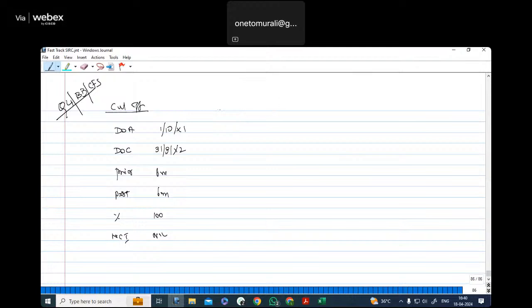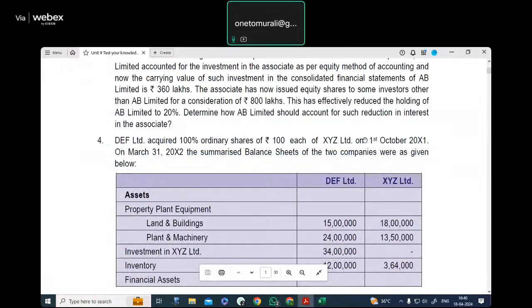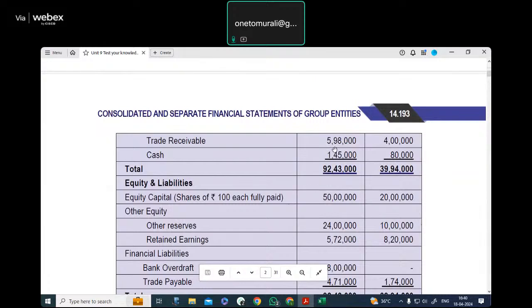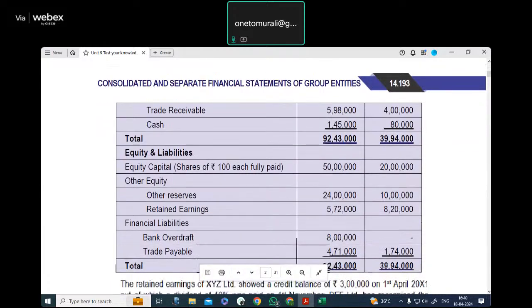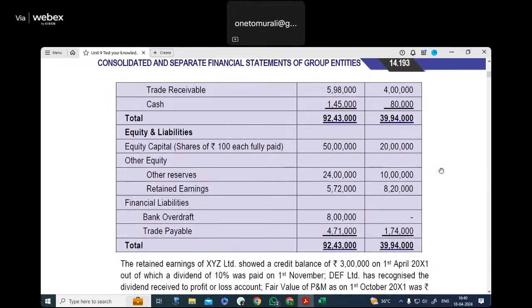Classification: so we have reserves and surplus. Reserves and surplus of the subsidiary company alone will be taken up for evaluation.